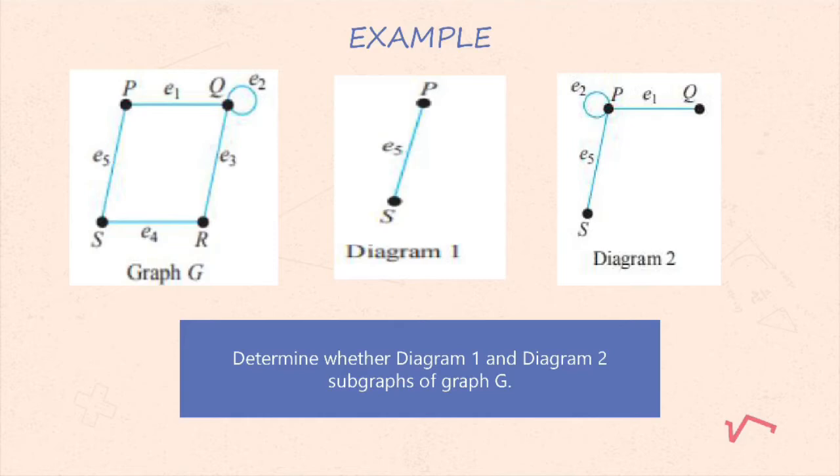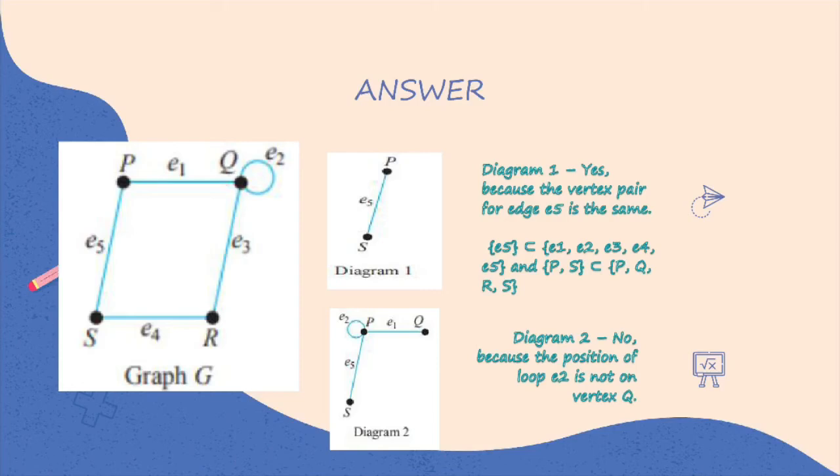Let's look at the example. We have three graphs. Number one is graph G, diagram 1 and diagram 2. Determine whether diagram 1 and diagram 2 are subgraphs of graph G. The answer is, diagram 1 is yes. Diagram 1 is a subgraph of graph G because the vertex pair for edge E5 is the same.